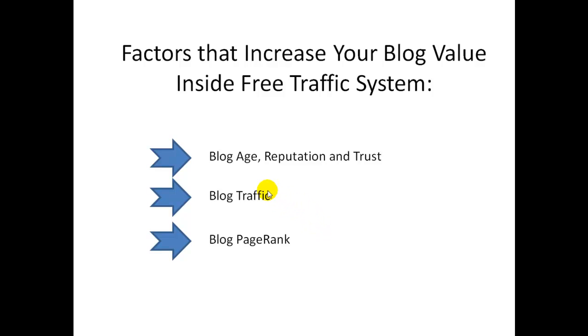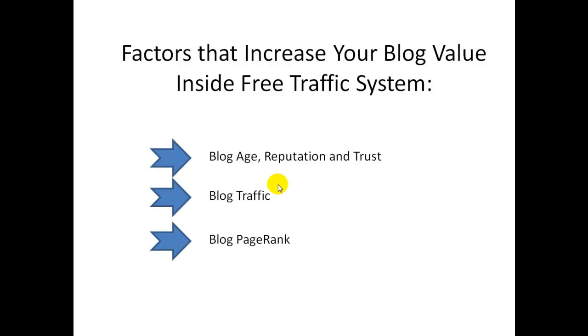These factors are: number one, blog age, reputation, and trust. Though there are many notions in these points, still they speak about the most important thing for the blog in the eyes of search engines and on the market.